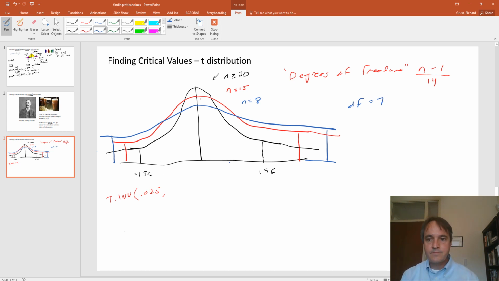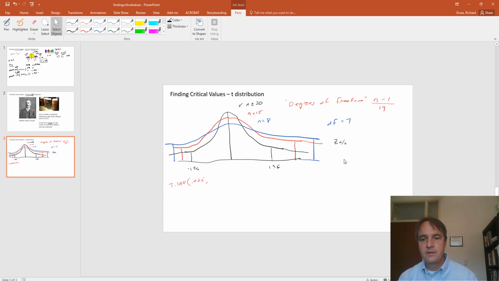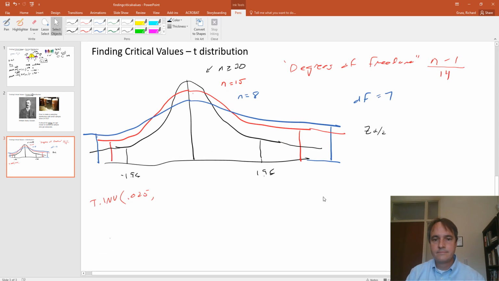Okay, and so just like when we were doing a normal and we said this is going to be Z of alpha over 2, that was enough to tell the normal distribution. But for the T distribution, we actually abbreviate it.